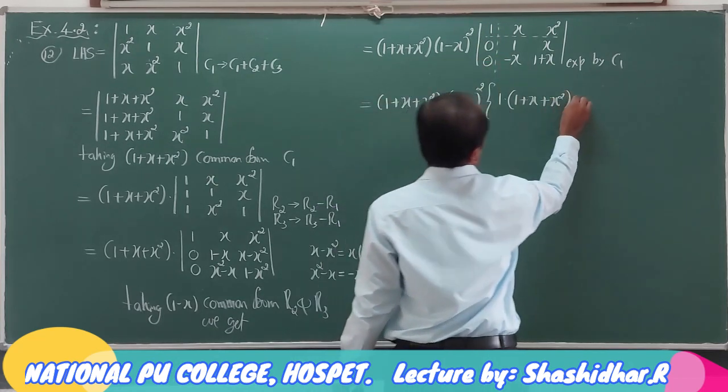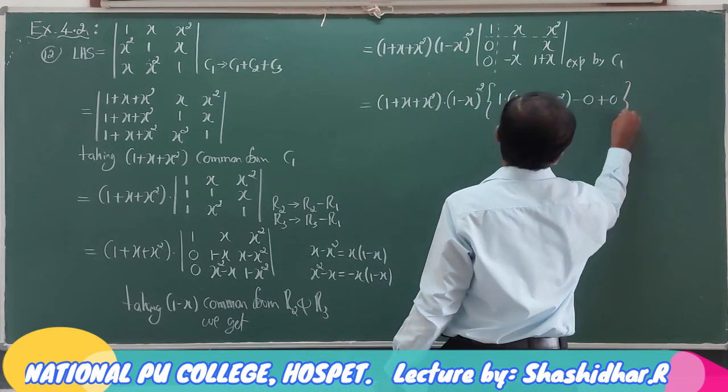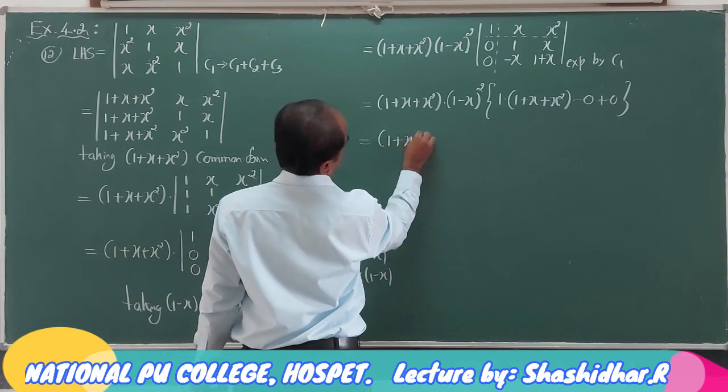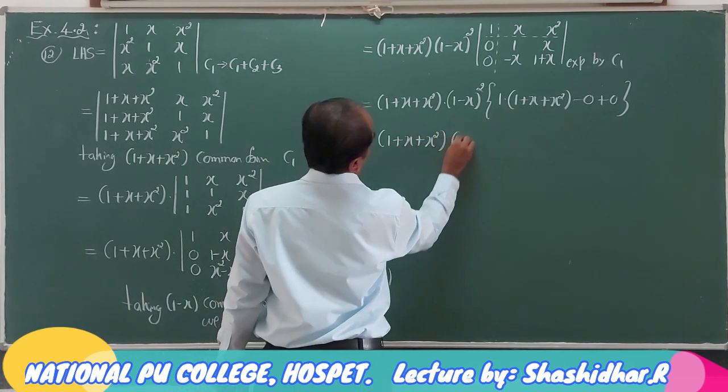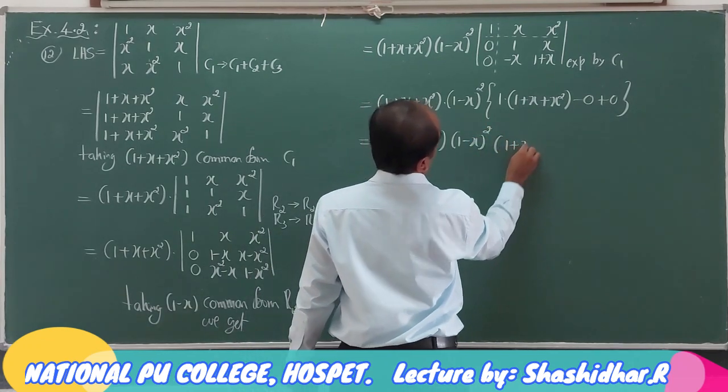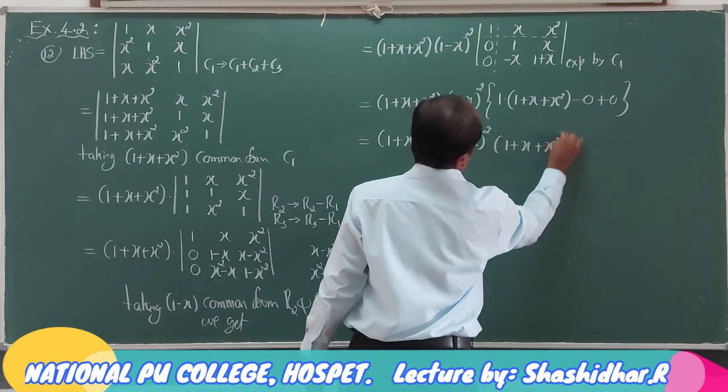Next two elements in that column are 0. So it is 1 plus x square into 1 minus x whole square into 1 plus x square.